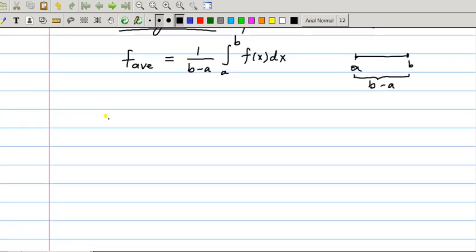So let's say you are given a function y equals f(x). Now the function value at any point x from a to b is f(x), so basically this vertical line is f(x). And x can take all the values between a and b.